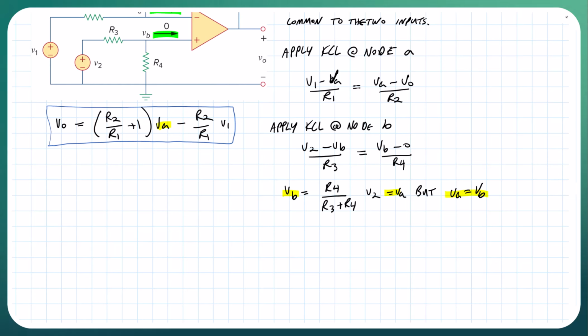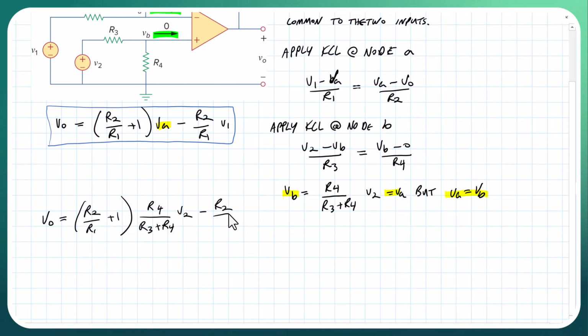We plug the equation that we just came up with into the equation in the blue square, and I'm going to rewrite this. V naught equals R2 over R1 plus 1, and then this is where we substitute VA, which is R4 over R3 plus R4 times V2, minus R2 over R1 times V1.